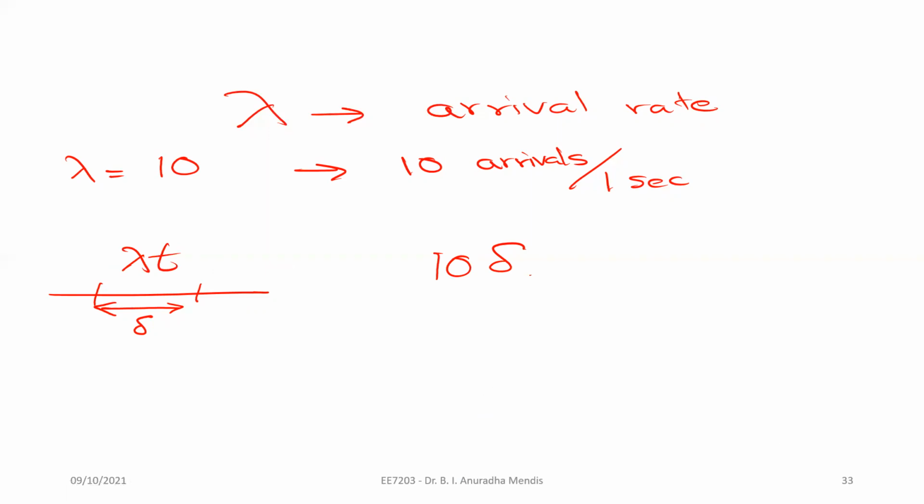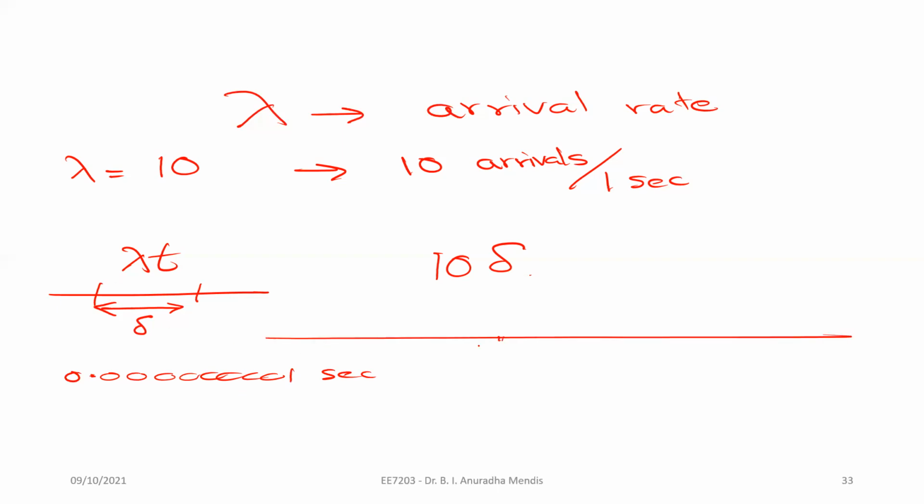But when this delta is a very small value, at most we can have only one arrival during this time. Do you agree with me? During a very small time interval like this, you can have at most only one.